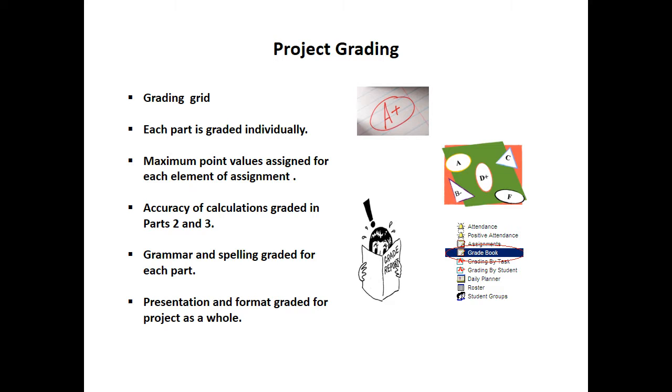The accuracy of calculations will pertain to parts 2 and 3 in the project. Grammar and spelling will apply to the entire project, and presentation and format will also be graded for the project as a whole.